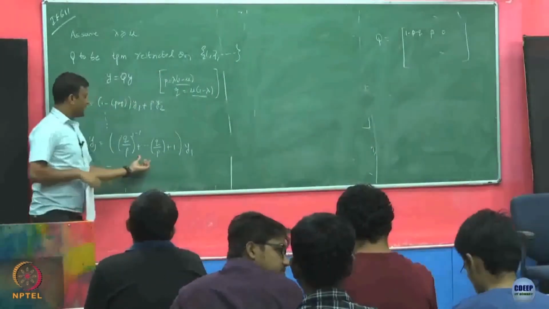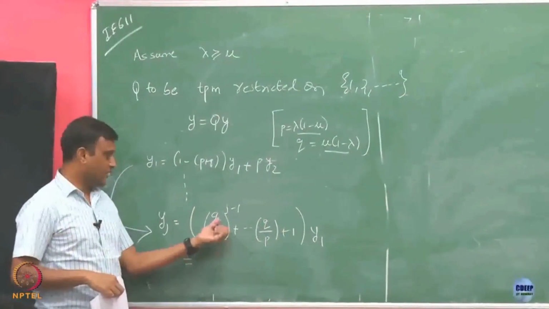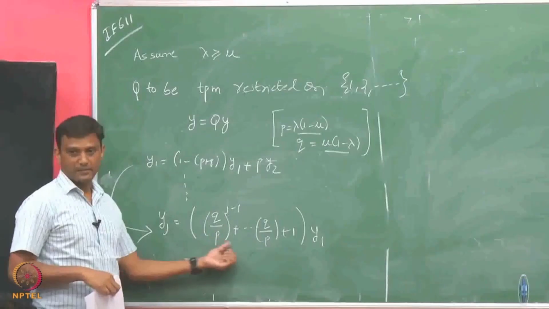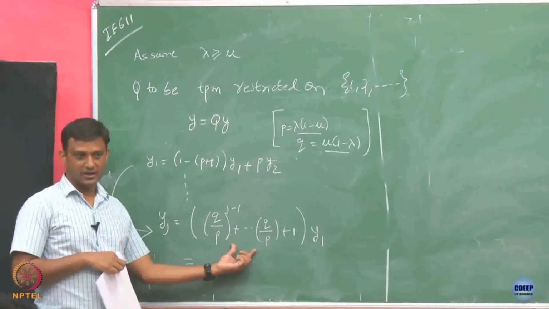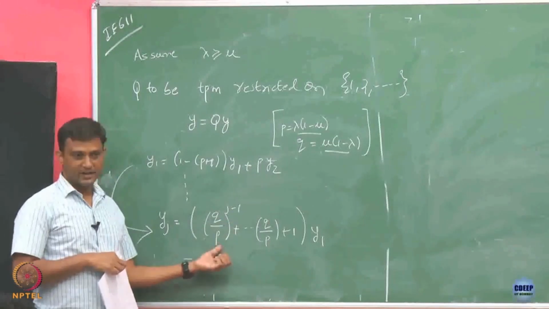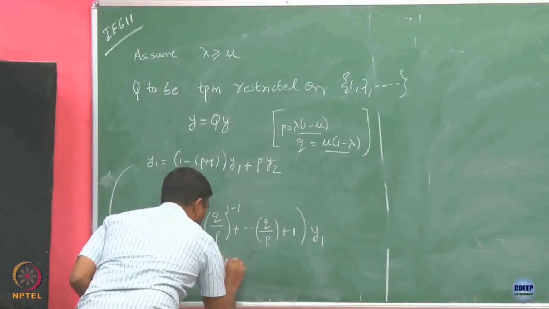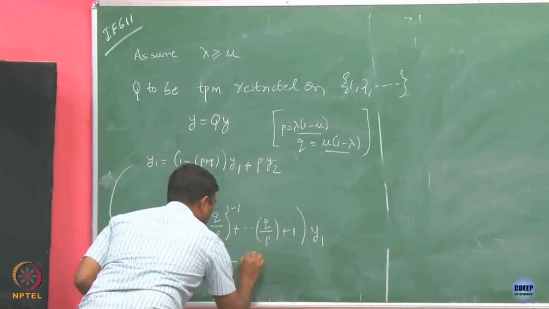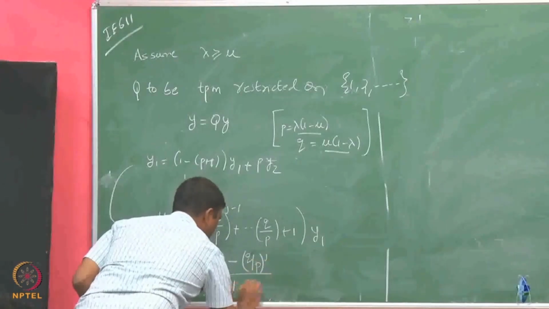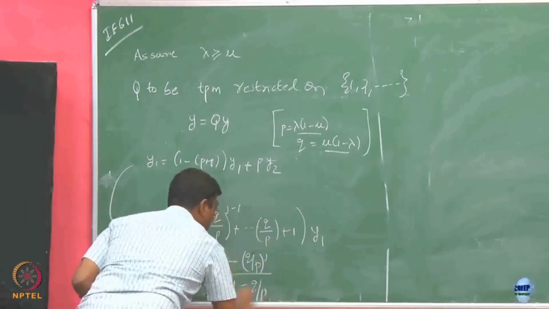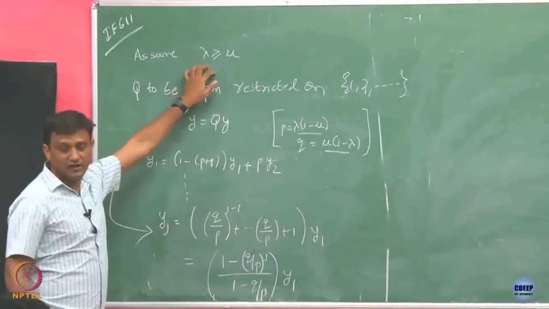Now, if you apply the geometric progression, I have q by p here, treating it as a geometric progression with ratio q by p. What you are going to get here is (1 minus (q/p)^j) divided by (1 minus q/p), into y1, right?